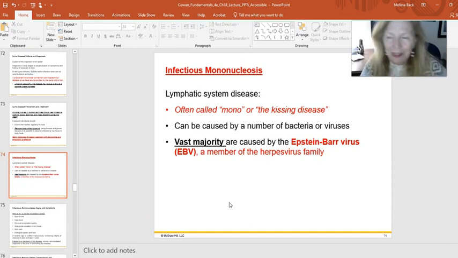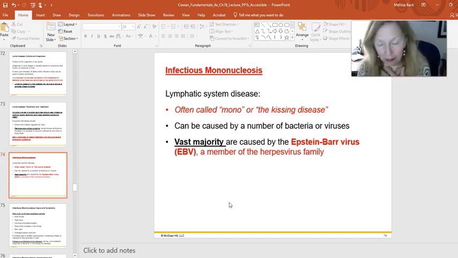So Lyme disease. Infectious mononucleosis is something that is often called mono, or the kissing disease. Medical professionals are encouraged not to use that anymore, the kissing disease, because it's interesting to me, but somehow, for some populations, that can lead to a stigma.